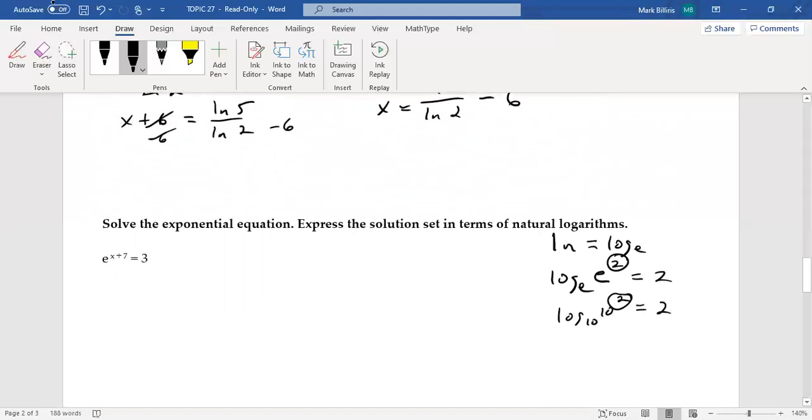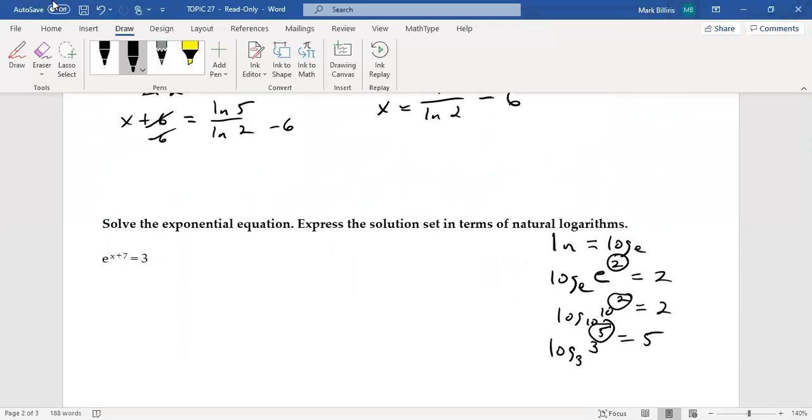One more time: if we have a log whose base is the same as the base of the argument, then our answer is simply the exponent.